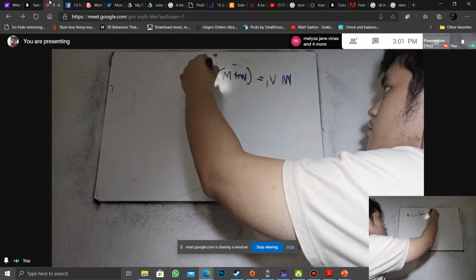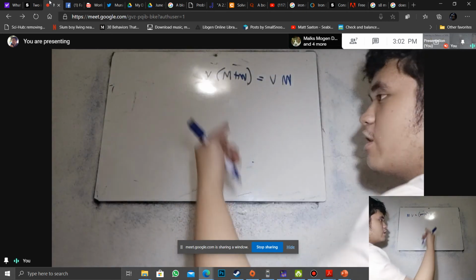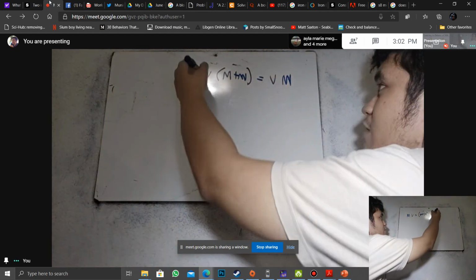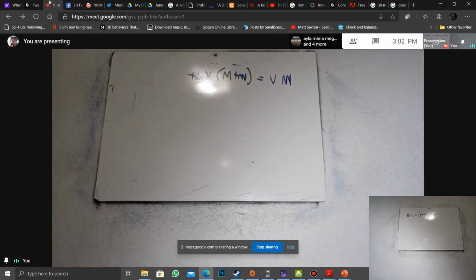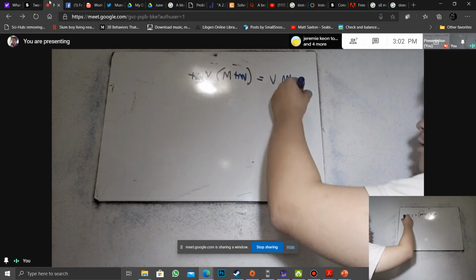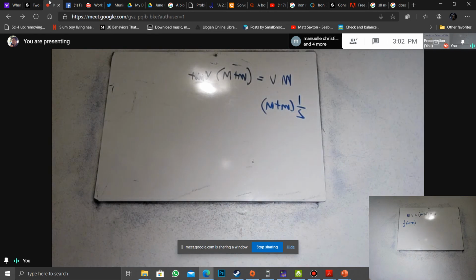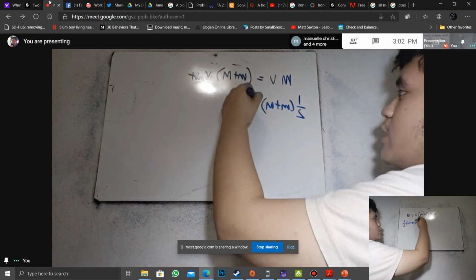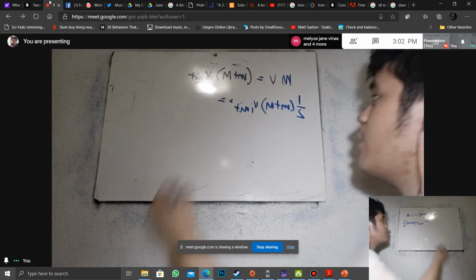This is the velocity we're looking for, the initial velocity at the spring. Next, by conservation of energy, 1/2 (m plus m) v initial squared, since the amplitude is given, equals 1/2 kA squared.